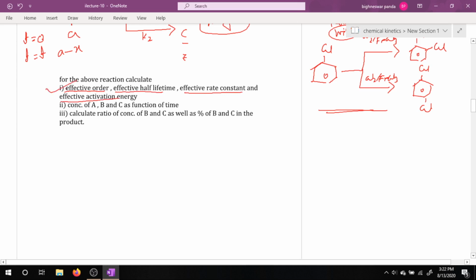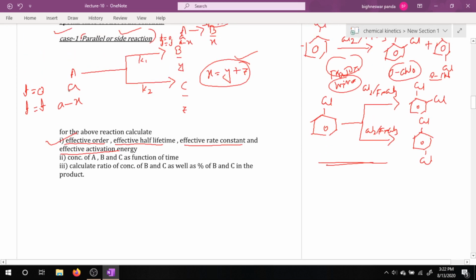We are going to deal with question number 1. For the above reaction, I can write minus dA by dt is equal to k1[A] plus k2[A]. How am I writing this? Because in the previous class we have already discussed how to write this type of equation.